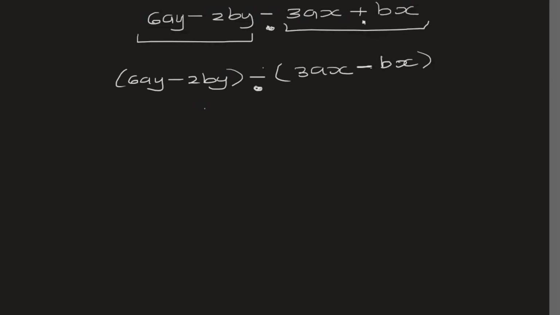Now, if we multiply this out, a negative multiplied by that will give us negative 3ax. And then negative multiplied by that will give us positive. All right? Hence this minus here.